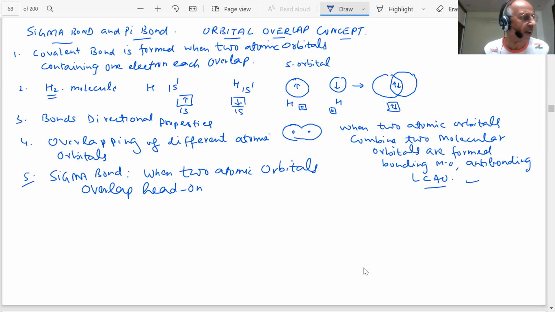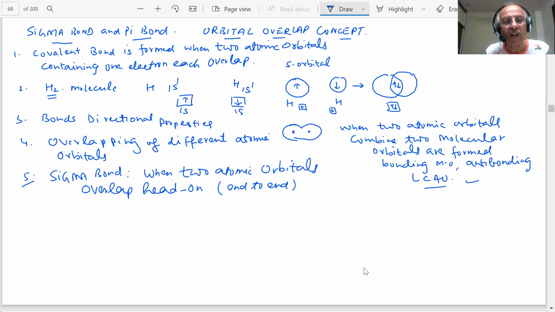So head-on overlap means the overlap is formed by the end to end overlap of bonding orbitals.